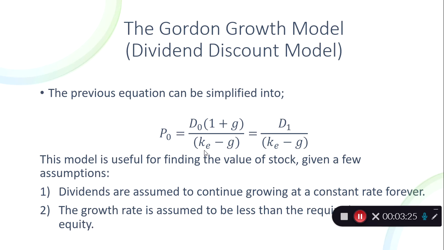Or D1 over ke minus g. D1 is the dividend that you expect to get in the next period, right? It is equal to D0 times 1 plus g.